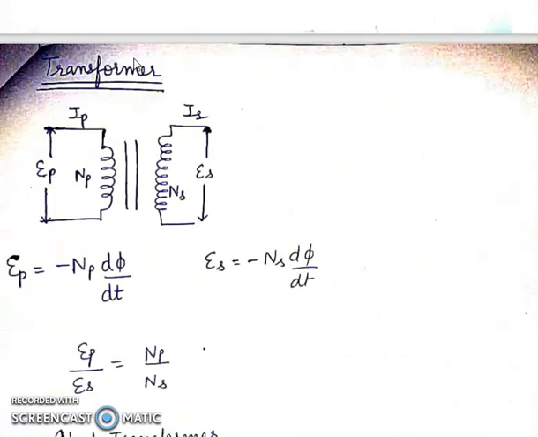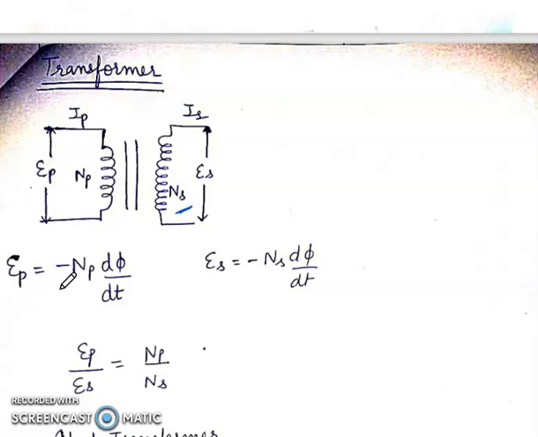Last is transformer. In transformer we have a primary coil which is connected to an AC source and a secondary coil which is connected to the load. So the magnetic flux linking with the primary coil changes, so an EMF is produced in it, and the magnetic flux linking with the secondary coil also changes.